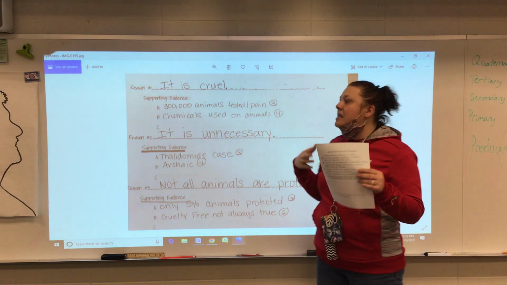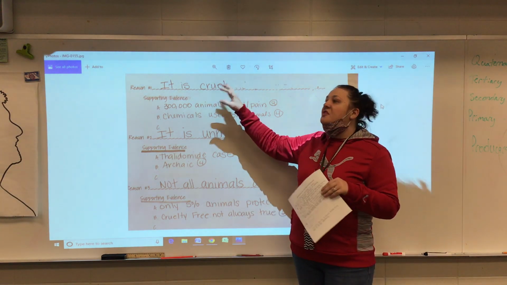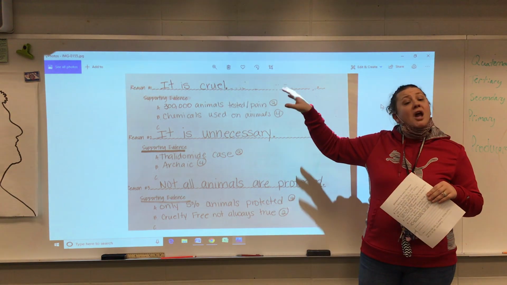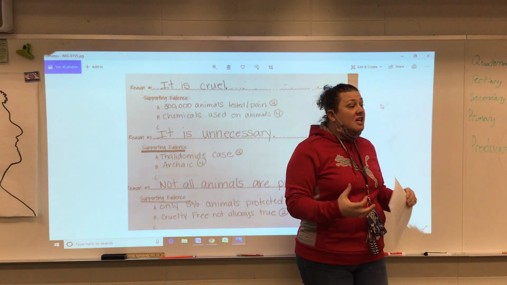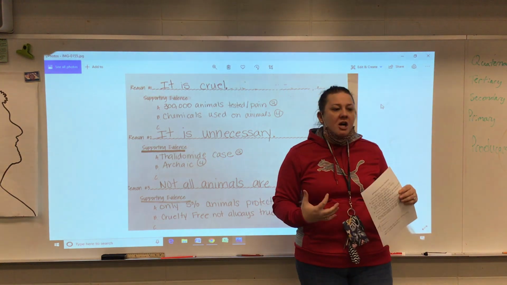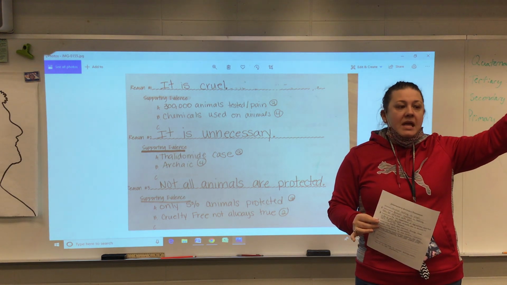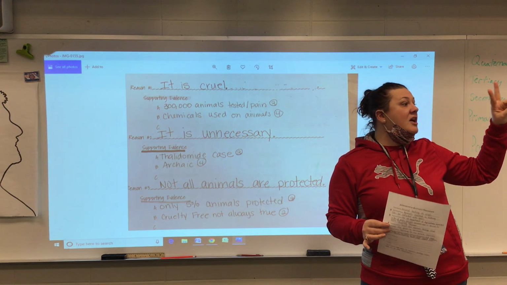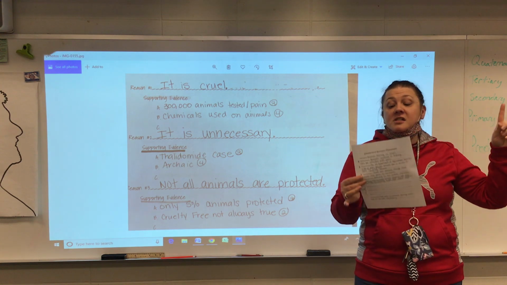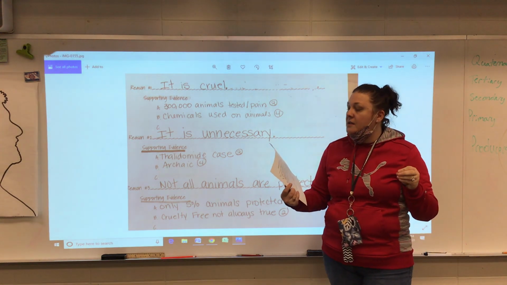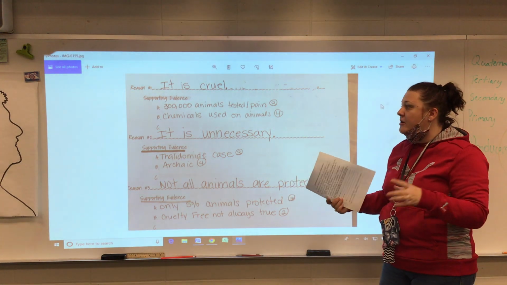I had some kids in the last class putting their thesis statement there. This is building that first supporting paragraph. We have our introductions that we worked on last time. Now we're writing the second paragraph, or the first body paragraph. So this is how to build that paragraph.